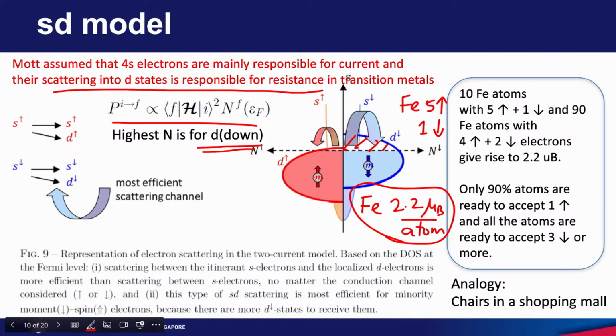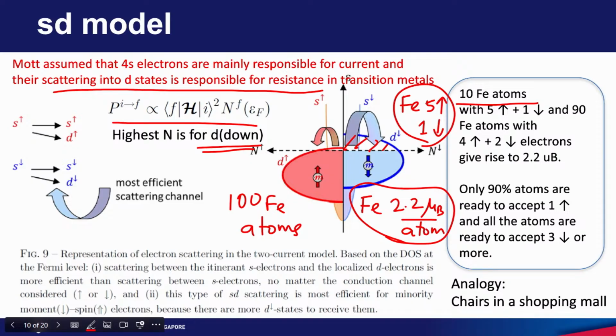So, we can imagine that there are 100 iron atoms. I am trying to simplify this picture. Out of these 100 iron atoms, let us say there are 10 iron atoms where you have 5 up and 1 down spin.